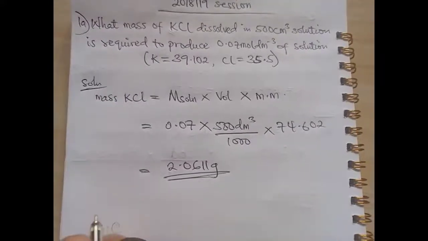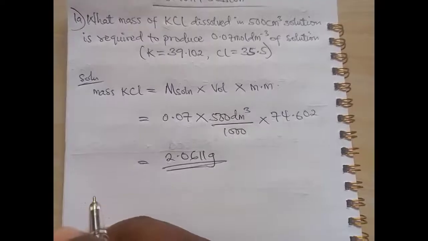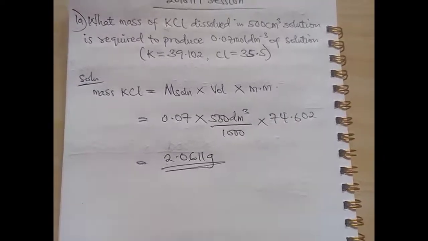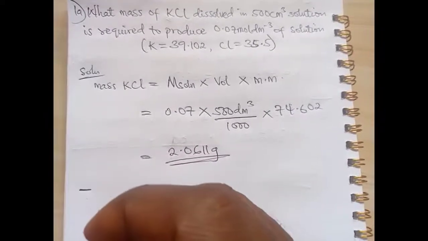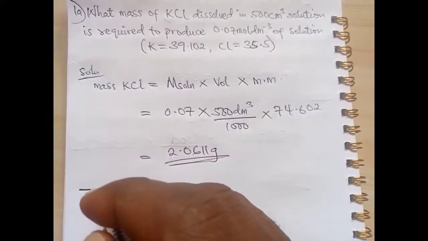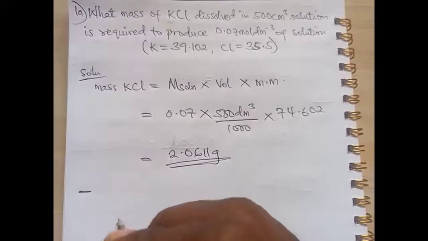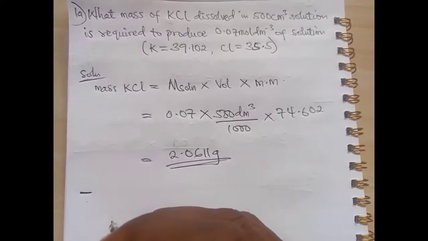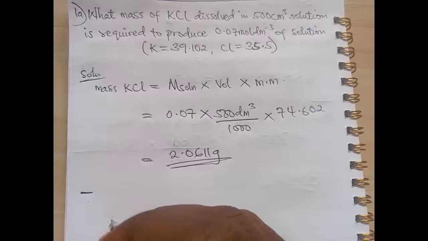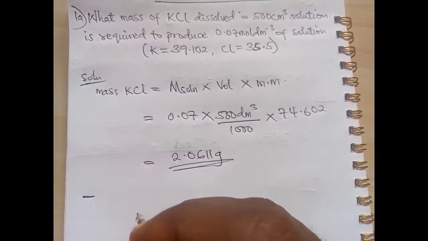Question 1b says, what are the necessary conditions for a substance to be called a primary standard substance? The first condition is that it must react quantitatively with the substance to be determined by a definite predictable reaction. The second one is that the substance must be of high purity, that is 99.99% pure, or even better if possible. If impurities are present, the amount and nature of such impurities must be easily determined.